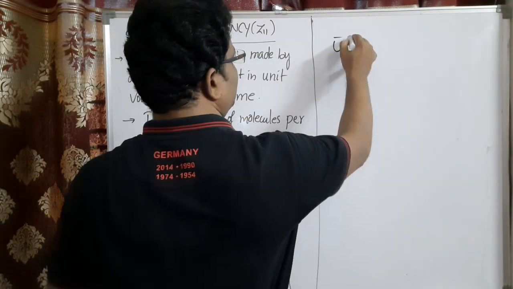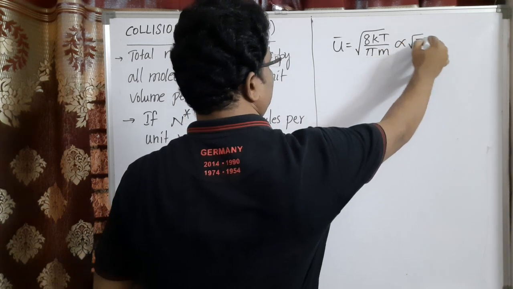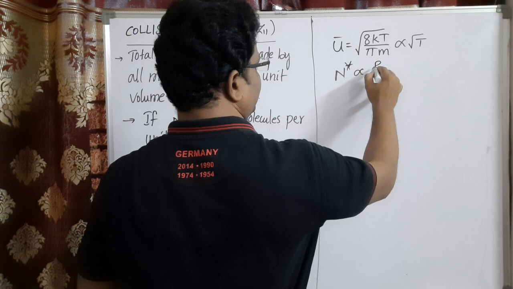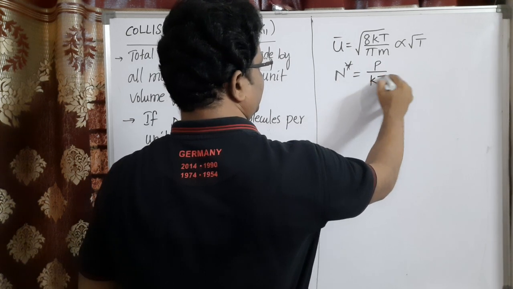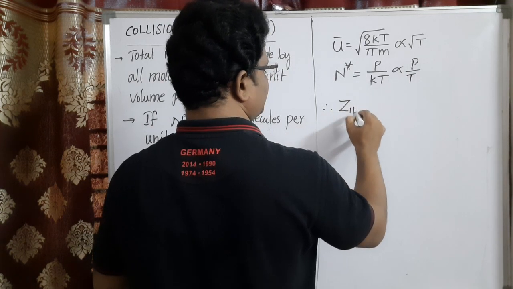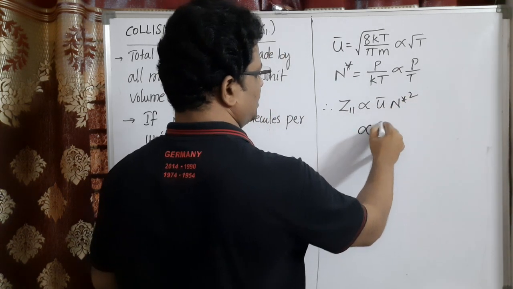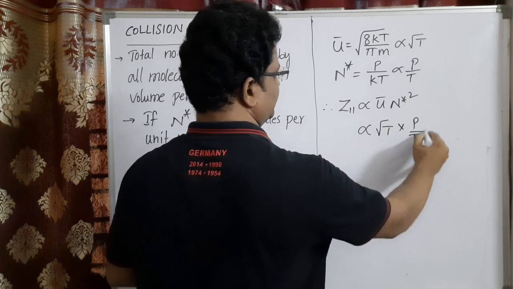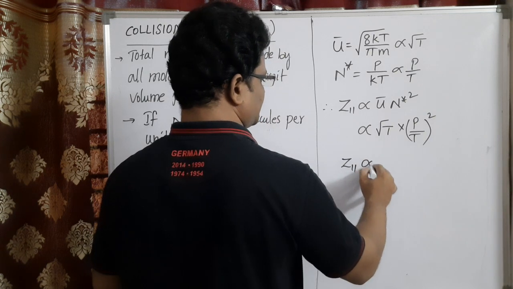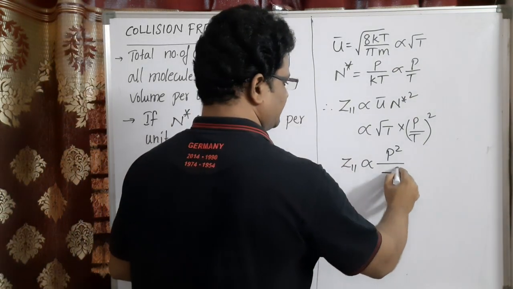U bar, the average velocity, is equal to root of 8 kT by pi m, which is directly proportional to root T. And n star is equal to p by kT from the ideal gas equation, so it is proportional to p by T. Therefore collision frequency, which is proportional to u bar and n star whole square, is proportional to root T of p by T whole square, so Z11 is proportional to p square by T power 1 by 2 into T square.